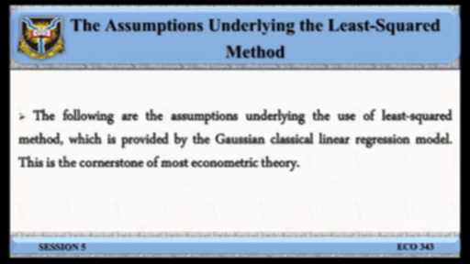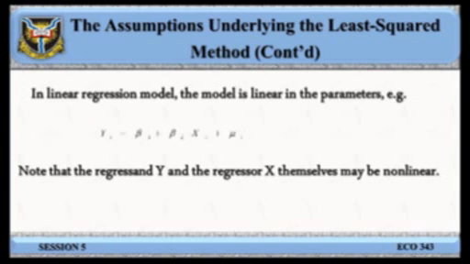The assumptions underlying the least squares method. The following are the assumptions underlying the use of the least squares method, which is provided by the Gaussian classical linear regression model. This is the cornerstone of most econometric theory. 1. In the linear regression model, the model is linear in the parameters, e.g., yi is equal to beta 1 plus beta 2 xi plus ui.